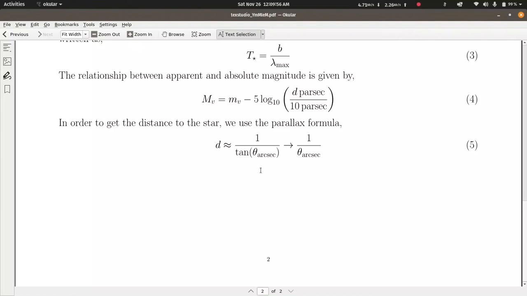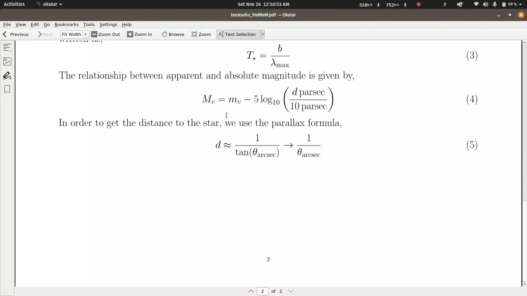And since in arc seconds the values are really small, that can be approximated to 1 over parallax in arc seconds. So we have the parallax value as 1.22 milliarc seconds, so we can put the value for parallax over here and get our value for d, and then we can put the d value over here in parsecs to get the value for the absolute magnitude.